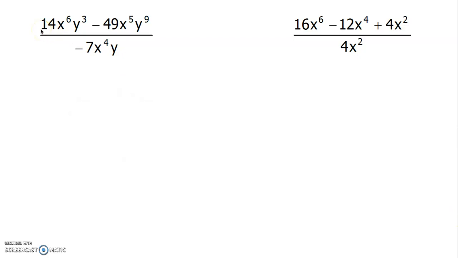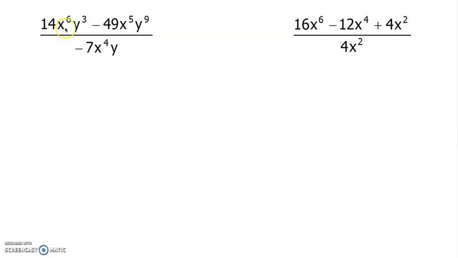Next, I'm dividing this polynomial here by this monomial. We know it's a monomial because all we have in that negative 7x to the fourth y is multiplication. This is all one term. So on the top, this is really a binomial being divided by a monomial.